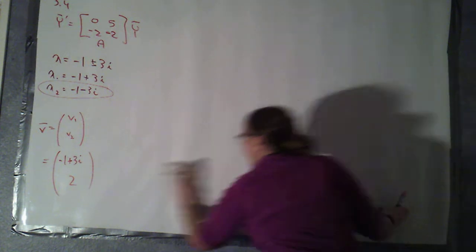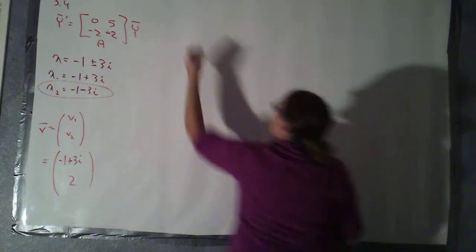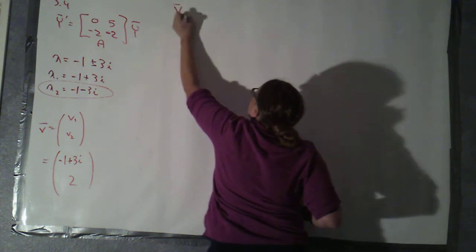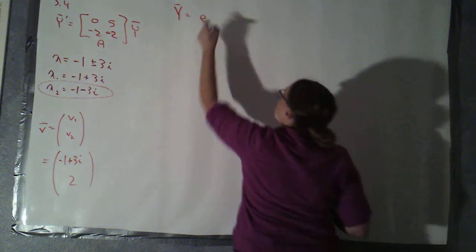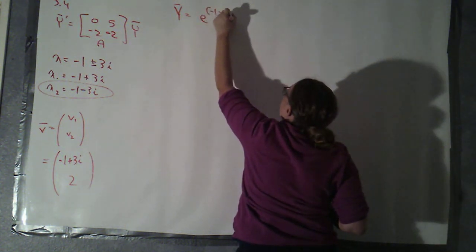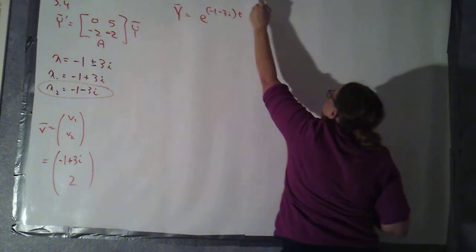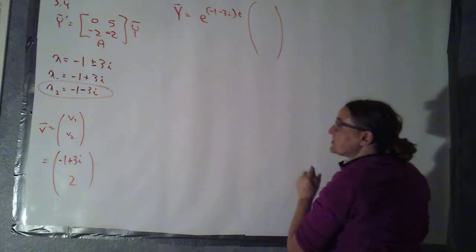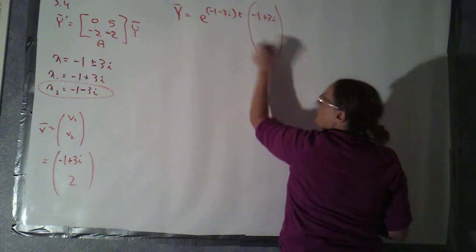So I'm going to go ahead and find a complex solution to this differential equation. y is equal to e to the lambda 2, so -1 minus 3i times t, times my eigenvector, which is -1 plus 3i, 2.